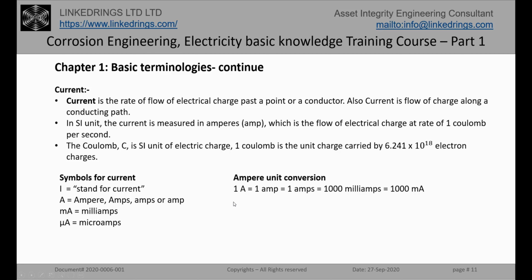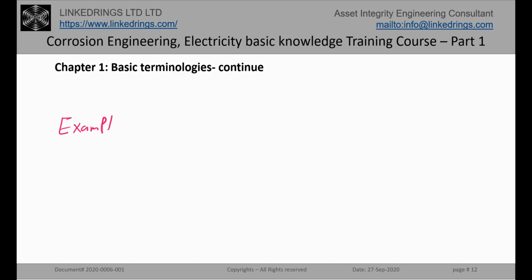1 ampere equals 1000 milliamperes. 1 ampere equals 1 million, 10 power 6 microamperes, and 1 milliampere equals 1000 microamperes. 1,250 milliamps equals how many amps?